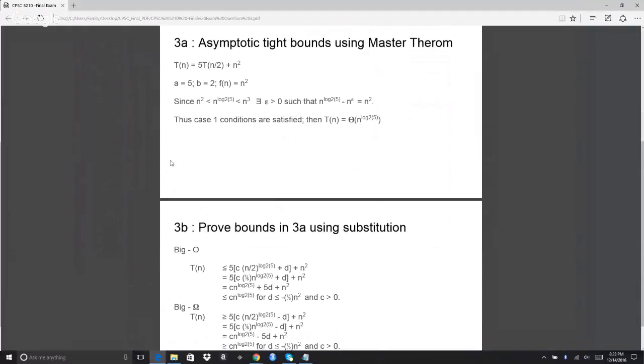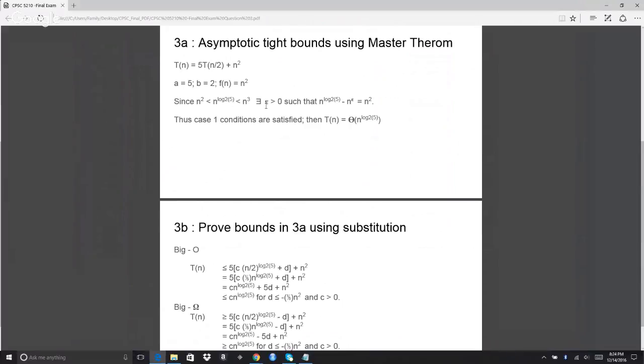Now, using the master theorem, we have to determine if there exists an epsilon that is polynomially bounded relative to f(n). So without having to explicitly evaluate log base 2 of 5, we know that that is greater than 2 but less than 3.